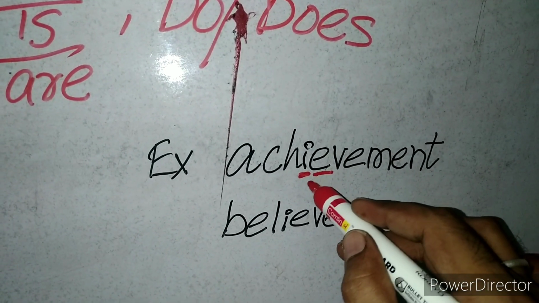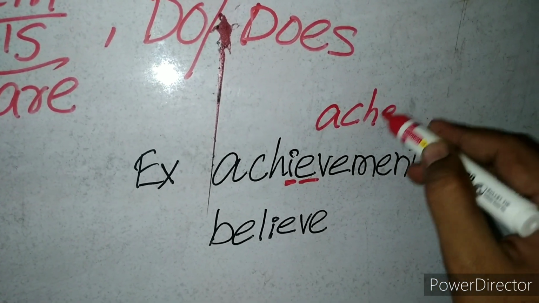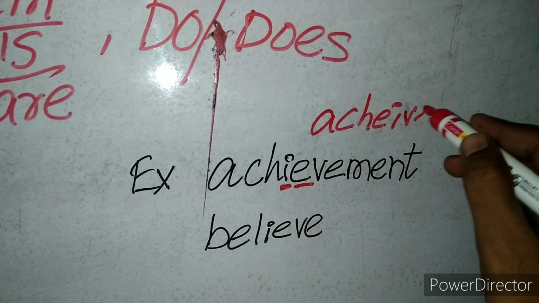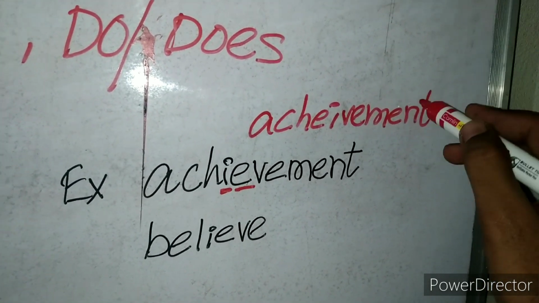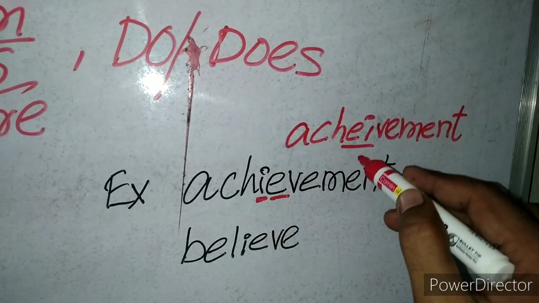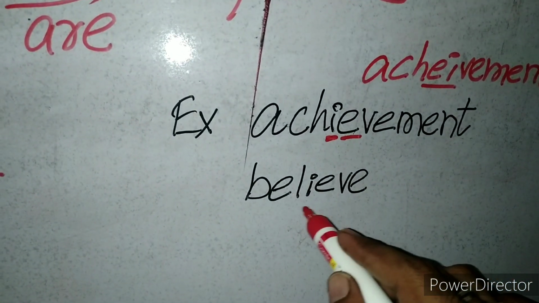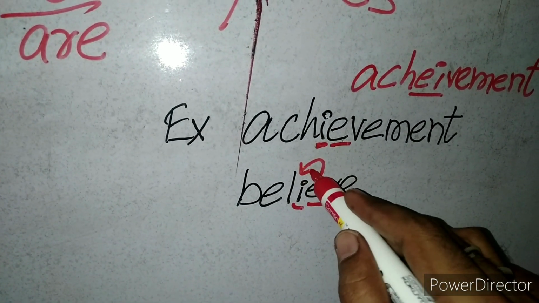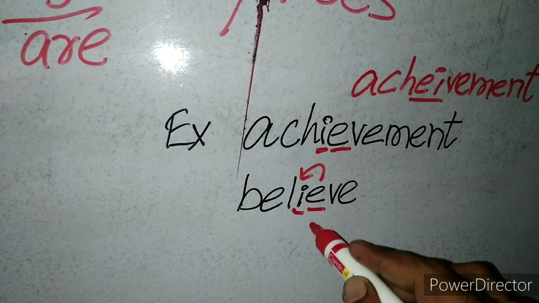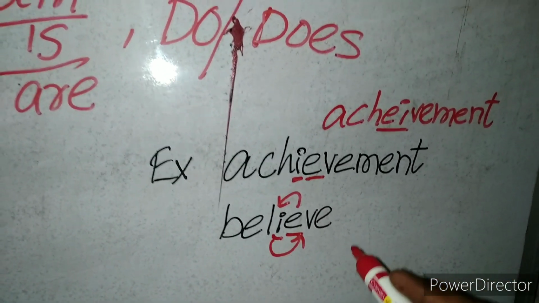But sometimes they may change it to A-C-H-E-I-V-E-M-E-N-T, giving you reversed letters to confuse you. Now here is believe, with I and E. Sometimes they may give E and then I, to confuse you.